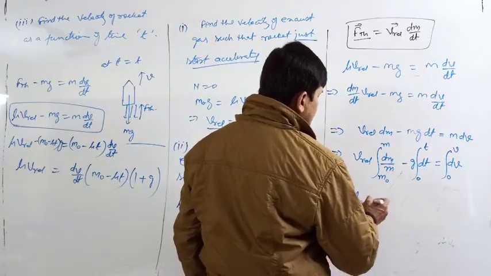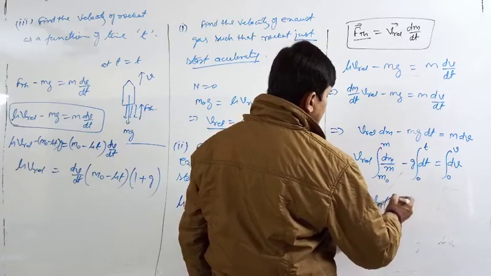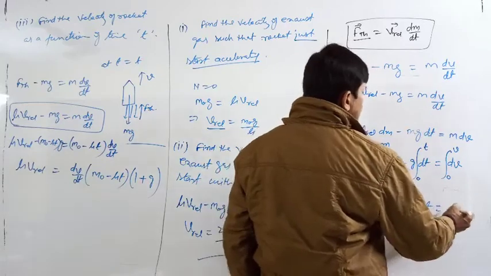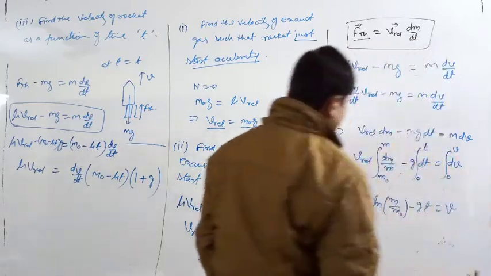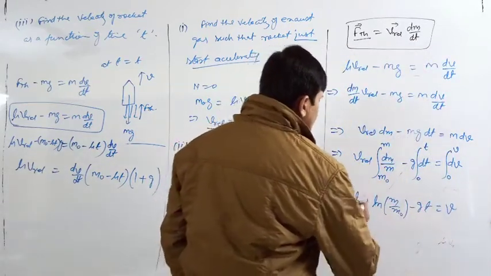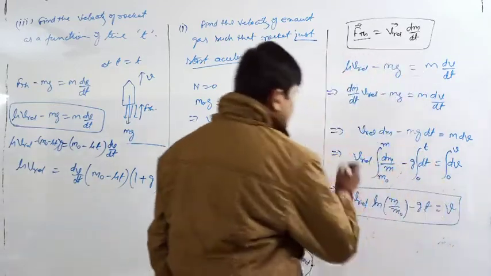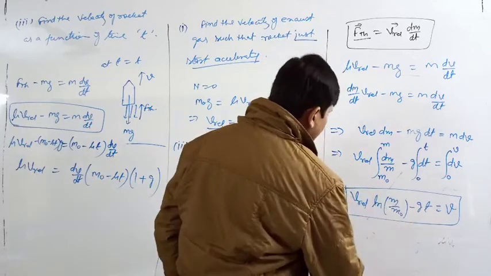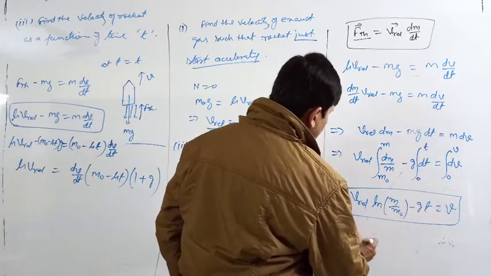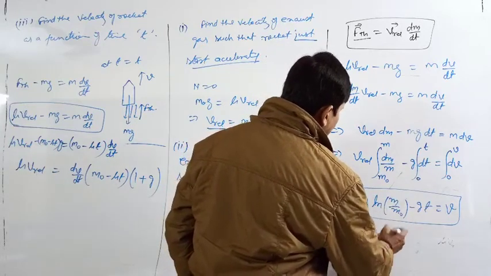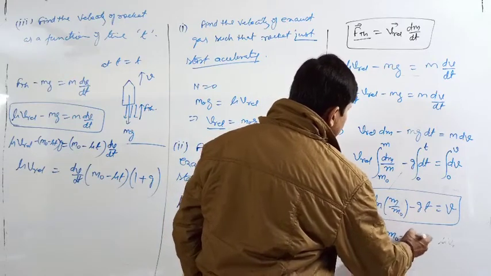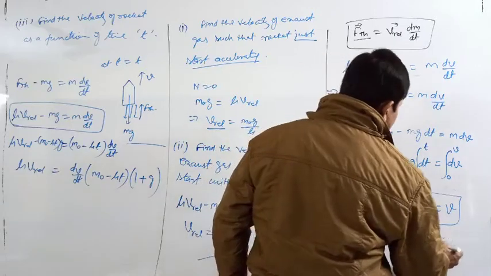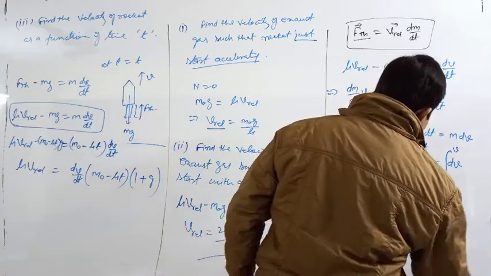v equals V relative ln m by m naught minus gt. So this is the relation for your velocity as a function of time t. Further you can substitute the value of m also: V relative ln of (m naught minus mu t) by m naught, minus gt.